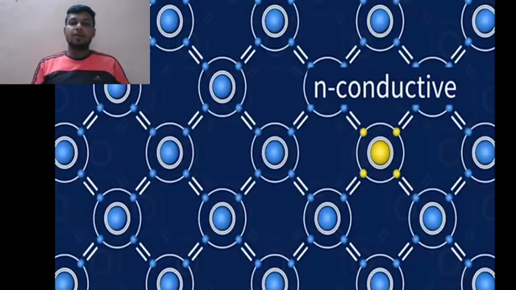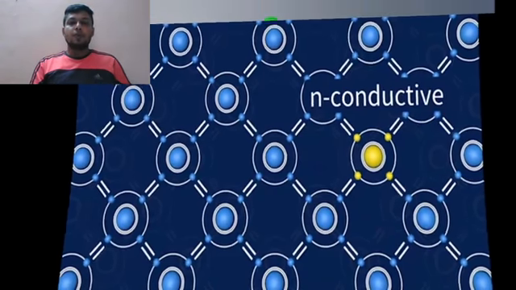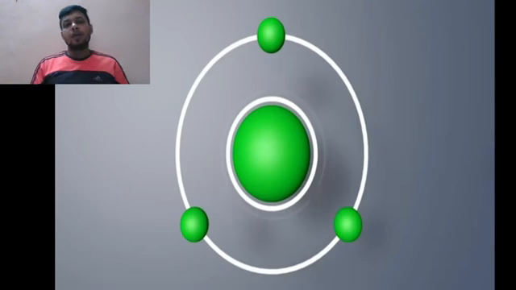Here we can see that of the fifth atom's electrons, four are combined with the silicon atom electrons, and one is free. In the case of boron, we have only three electrons in the outer shell.